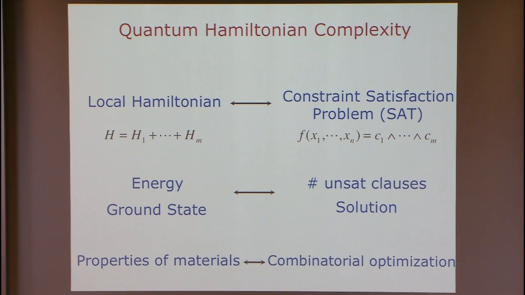But of course, even though there's this dictionary, the actual motivations are quite different. On this side, you study these problems because you want to understand the properties of ground states and therefore the properties of materials. Here you want to study these constraint satisfaction problems because these are interesting computational problems, and we like to do combinatorial optimization on them.